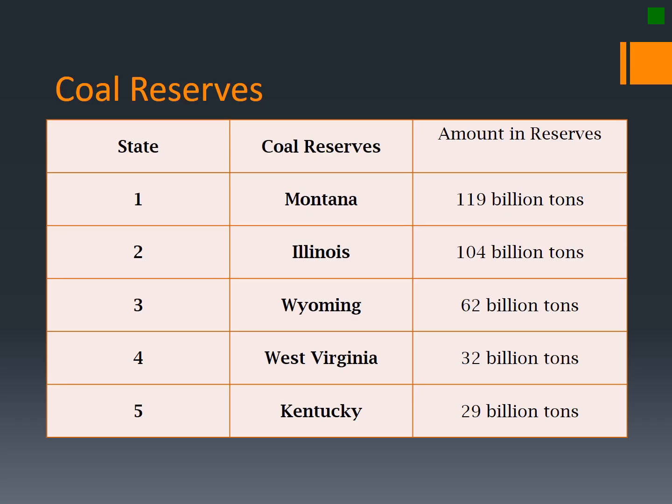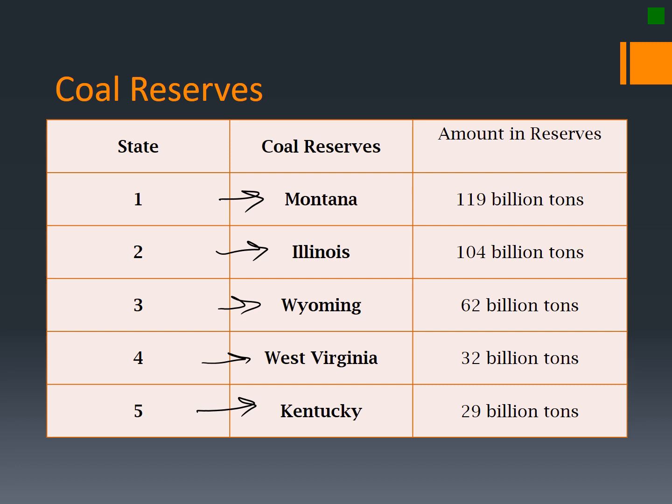All right, so where is coal found? Well, let's talk about the United States. Coal reserves. A reserve is how much coal I have access to if I dug underneath the ground. If you look at our top states, we've got Montana, Illinois, Wyoming, West Virginia, and Kentucky. So these states have the most potential with the coal.